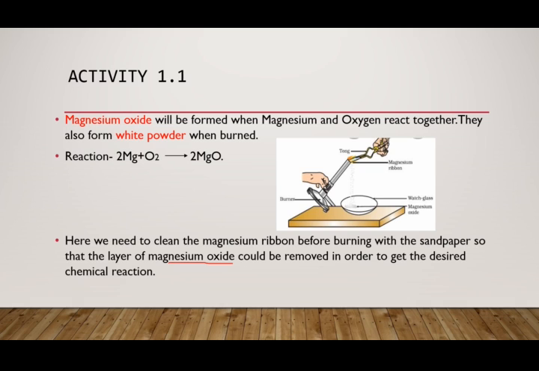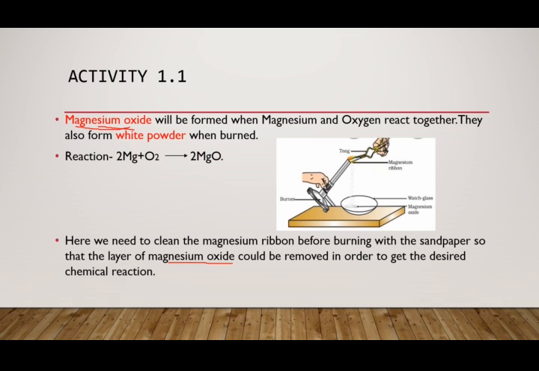When we burn the magnesium ribbon, it reacts with oxygen present in the atmosphere and forms magnesium oxide. The reaction is 2 Mg plus O2 gives 2 MgO. This is the reaction taking place when magnesium and oxygen react together.